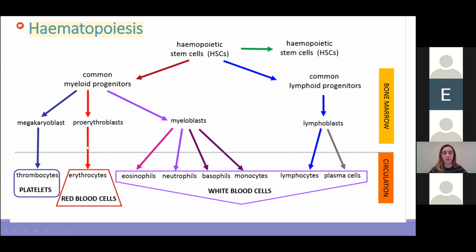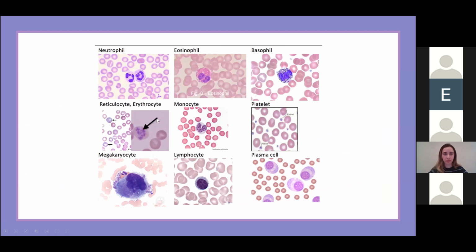So it's not too difficult to remember, but it is important when we come to the malignancies and myeloproliferative conditions and things like that. These are just what the cells look like on the blood film, but we won't obviously go through each one.